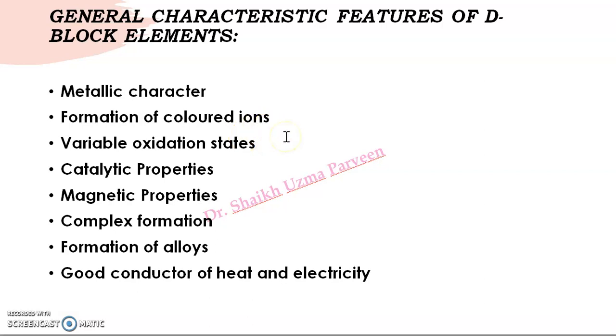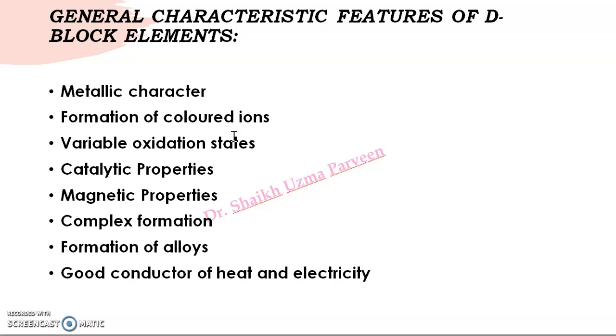Hence a very small amount of energy is required for excitation of electrons from one energy level to another. The energy can be easily provided by the visible light region. The color observed corresponds to the complementary color of the light absorbed.